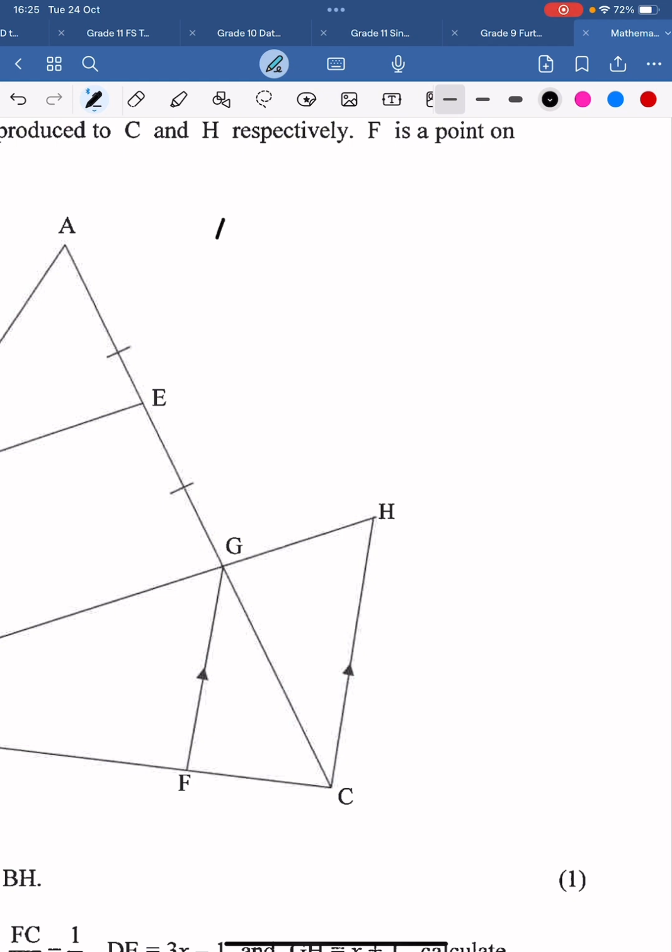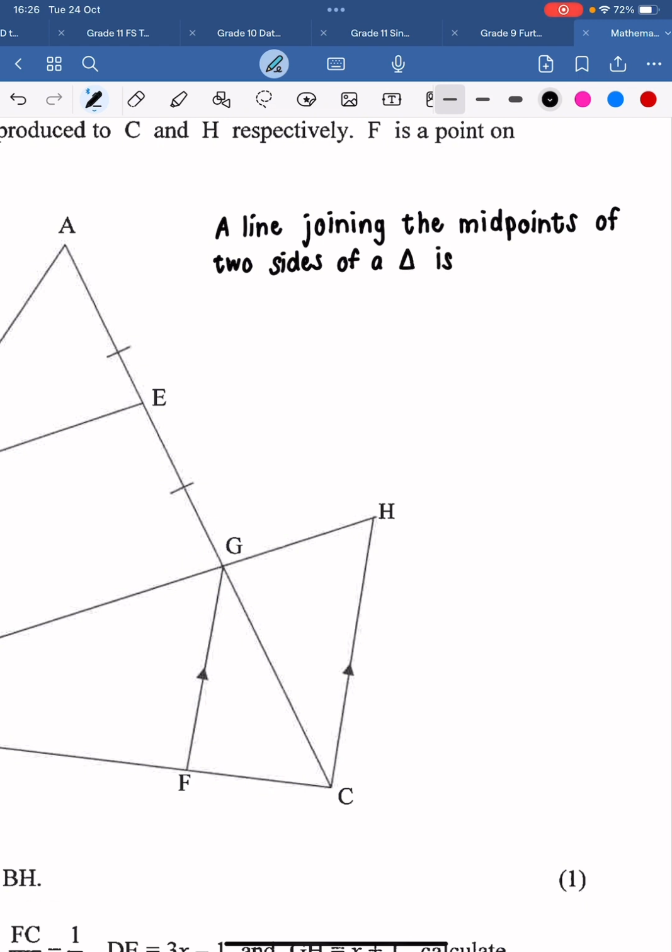So midpoint theorem says a line joining the midpoints of 2 sides of a triangle is parallel to the third side.